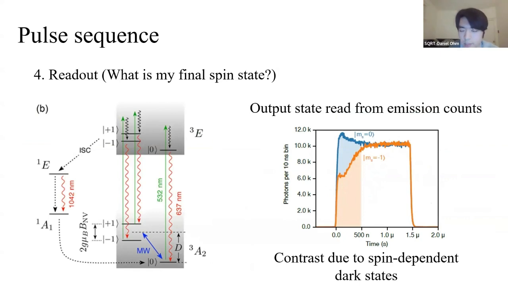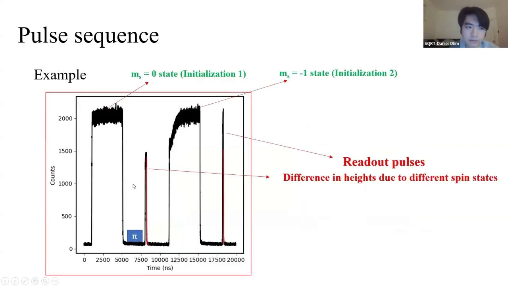And how we do this is by looking at the counts per time. So basically, if I have this peak up here, my initial state is ms equals 0. And if I have this characteristic ramp up, it's basically ms equals -1. And this contrast is due to the spin-dependent dark states I mentioned over here on the singlet energy levels.